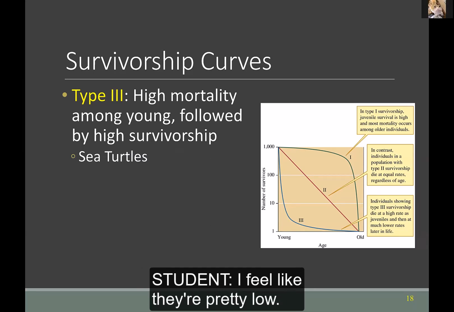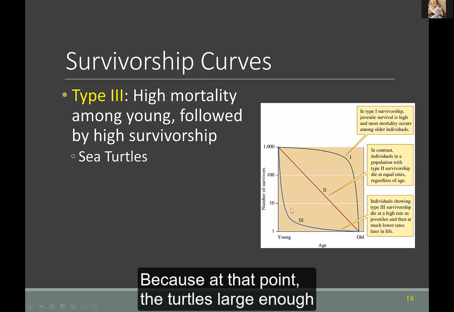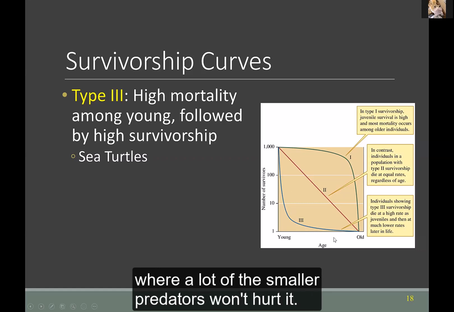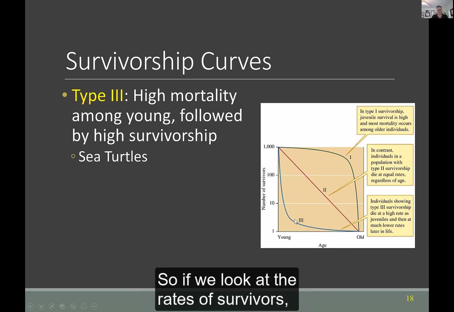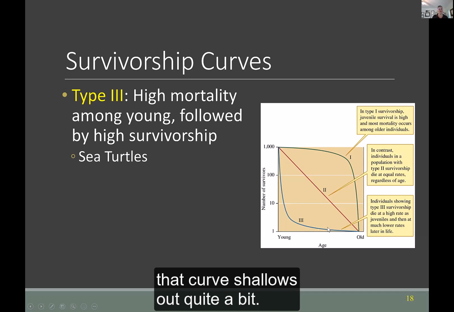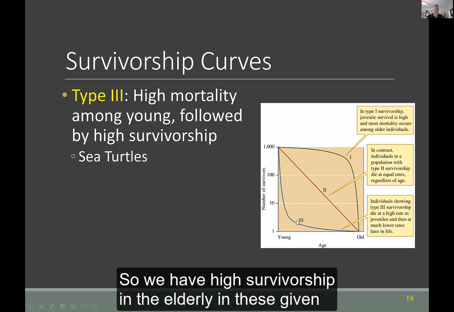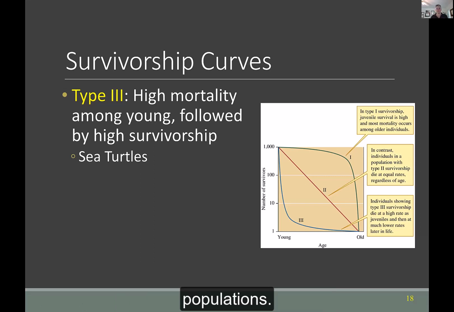I feel like it's pretty low because at that point the turtle is large enough where a lot of the smaller predators won't hurt it. Right. So if we look at the rates of survivors, that curve shallows out quite a bit, right? So we have high survivorship in the elderly in these given populations, right?